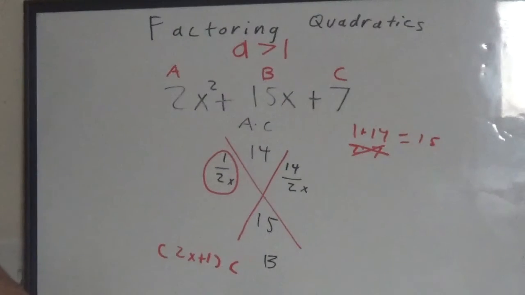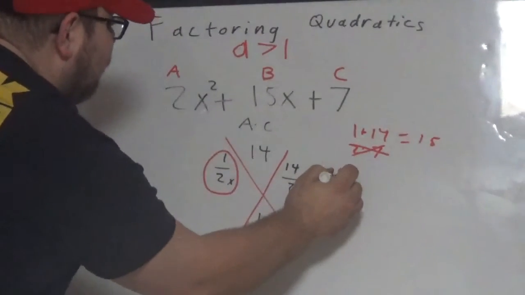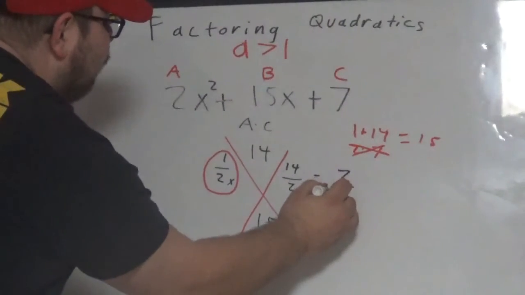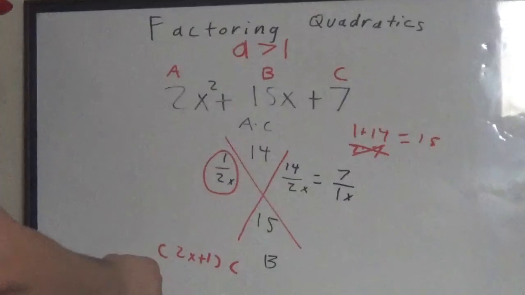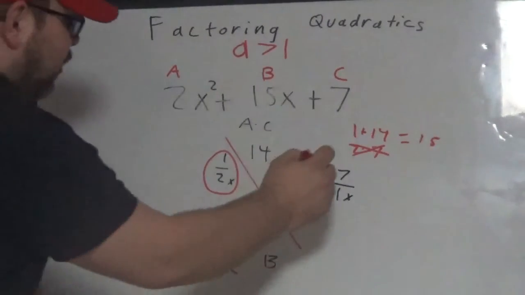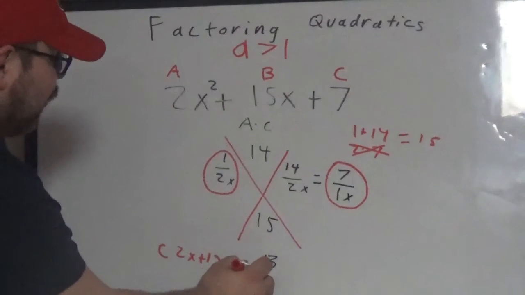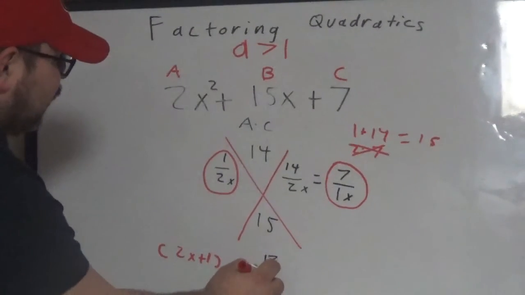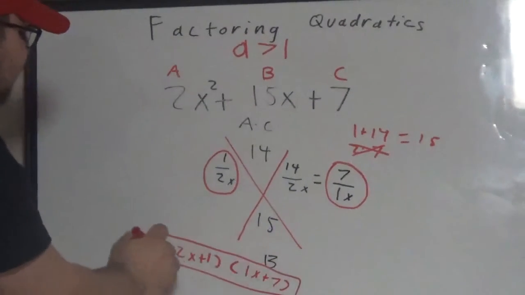Now we want to keep it as a fraction, so I'm going to do 7 over 1x. And now this is our second fraction. You don't have to put 1x, but I'm going to just to try to stay consistent.